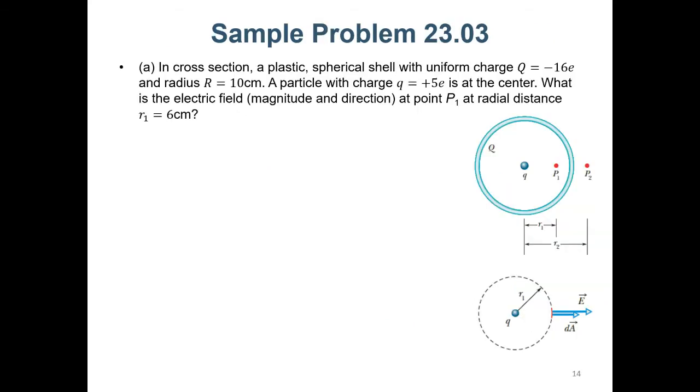So let's have a sample example. In cross section, a plastic spherical shell with uniform charge Q and radius R. A particle with charge q is at the center of this sphere.